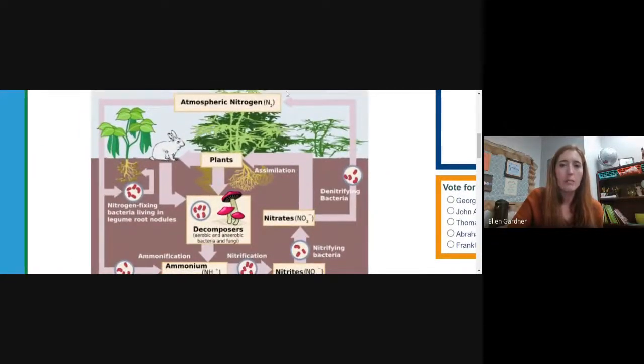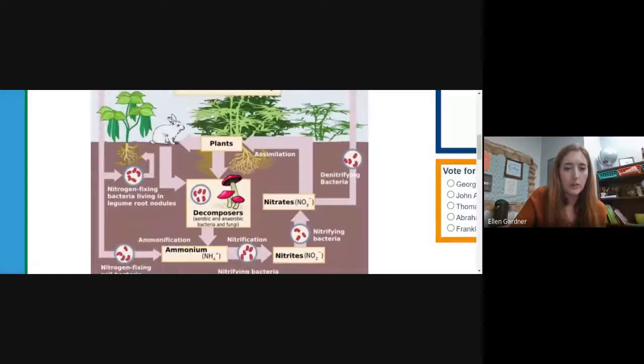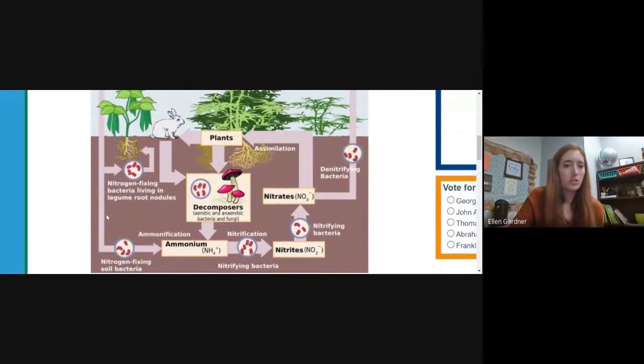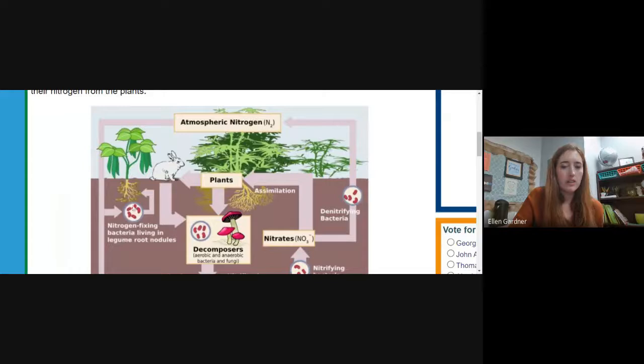So in this one, there's atmospheric nitrogen. That's how you would write the atmospheric nitrogen as the element. And then there's nitrogen fixing soil bacteria. It becomes ammonium. Here it shows, right? Nitrogen fixing bacteria living in legume root nodules, says there.